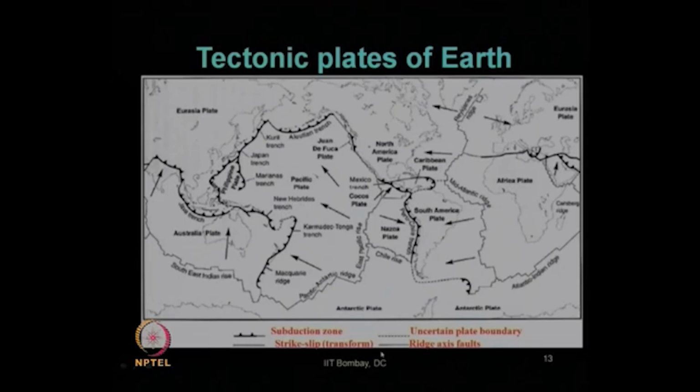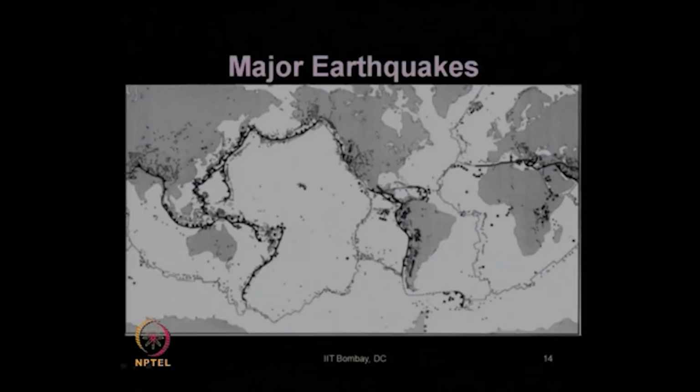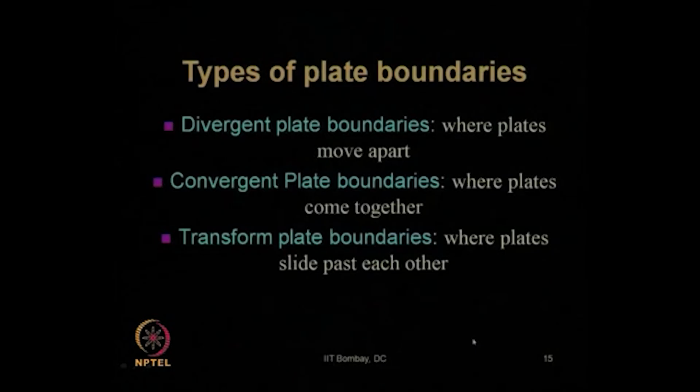It has also been validated through this picture that most of our major earthquakes all around the world are occurring at those plate boundaries. All our historical major earthquakes are clustered close to those plate boundaries.